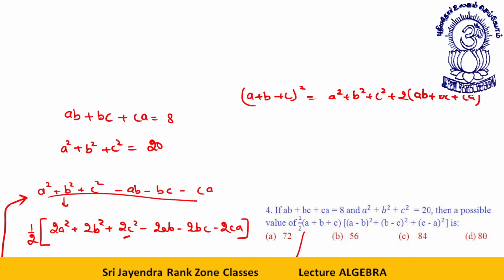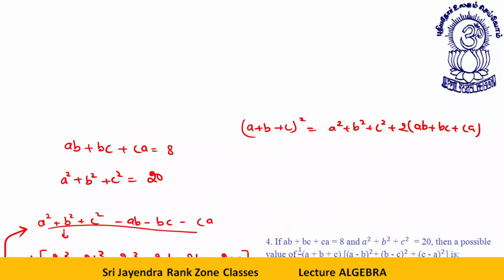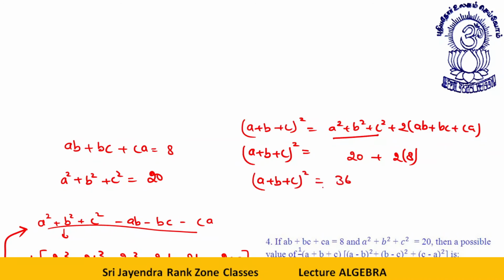Okay, dear students, if I put the values, I get (a plus b plus c) square equals a square plus b square plus c square, which is 20, plus 2 into 8. (a plus b plus c) square is equal to 36. That means a plus b plus c is equal to 6.